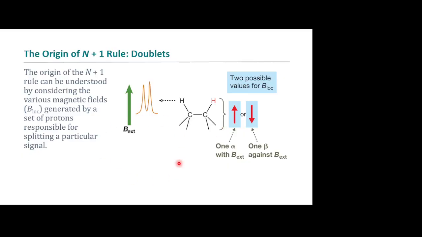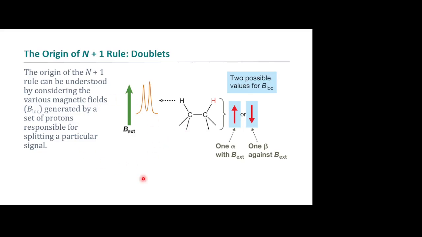All right, so let's look at the origin of the n+1 rule. Now again, if you think about these B locals, remember that you're going to have the external field that's applied to this, right? And that external field is always modified by a local field, okay?